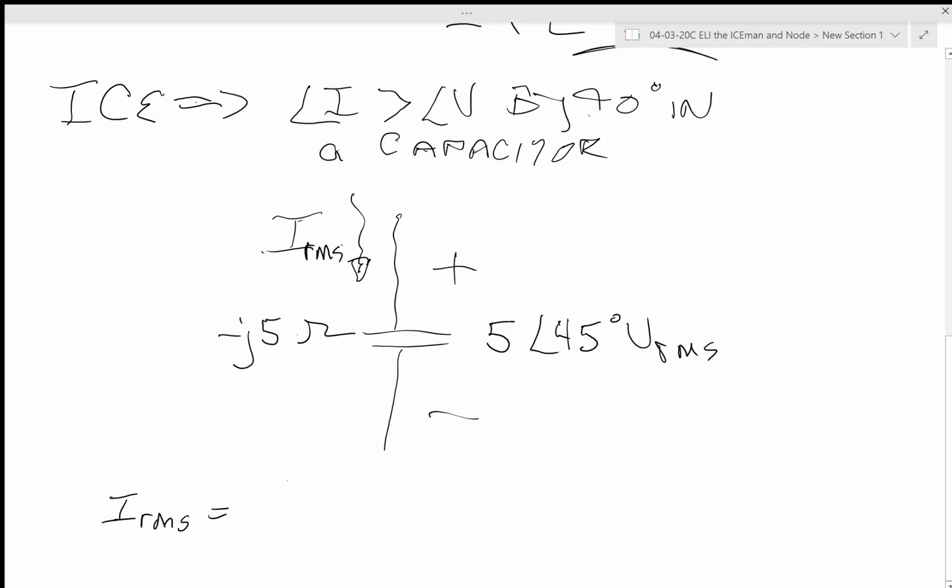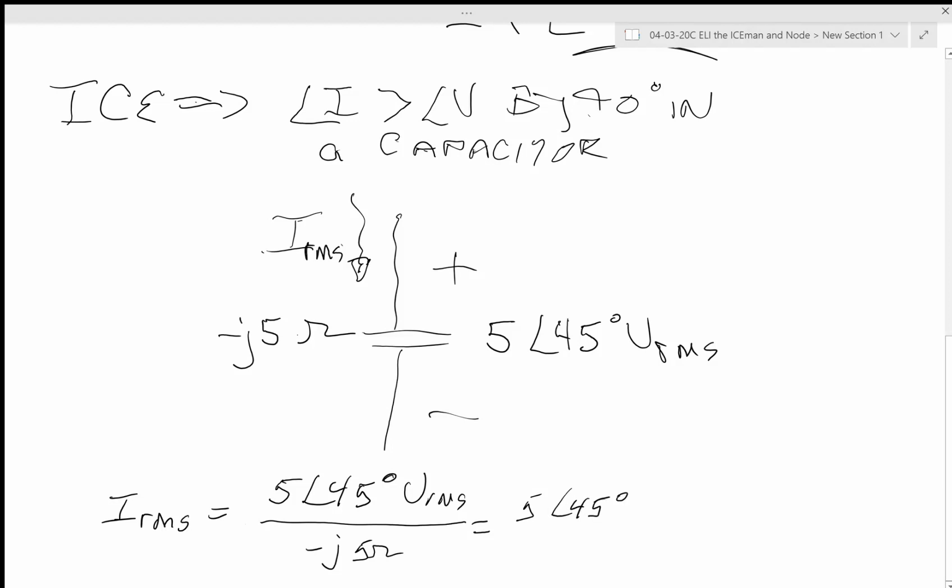So this is going to be 5 angle 45 degrees volts, divided by minus J5 ohms, which equals 5 angle 45 degree volts divided by 5 angle minus 90 degree ohms, and this equals 1 angle 45 degrees minus a minus, which is plus 90 degrees.